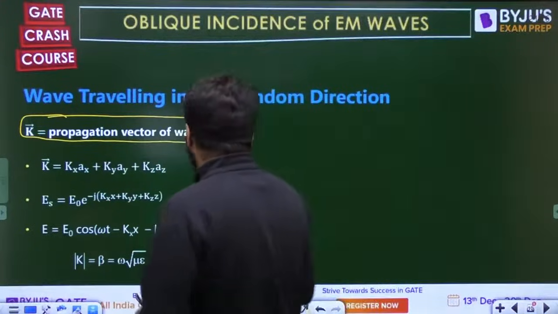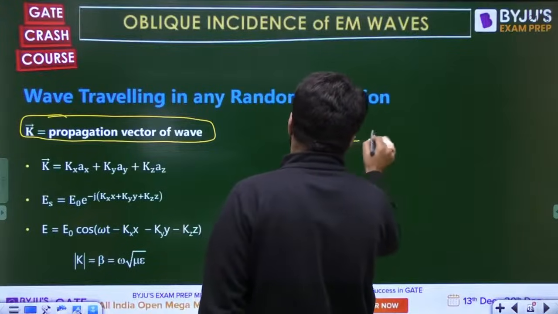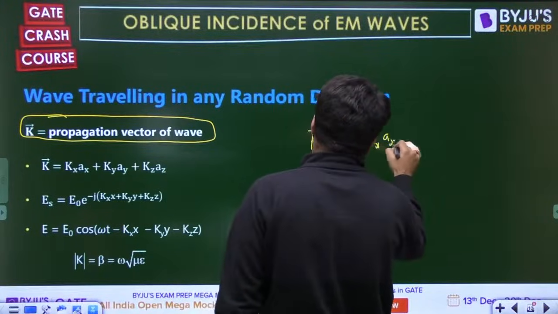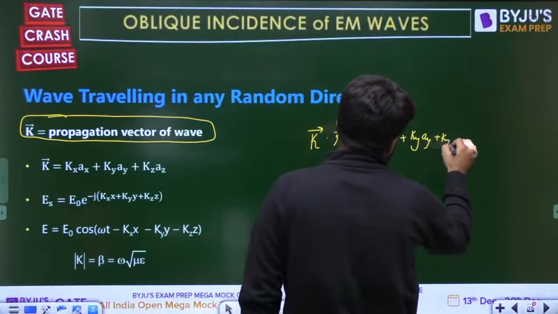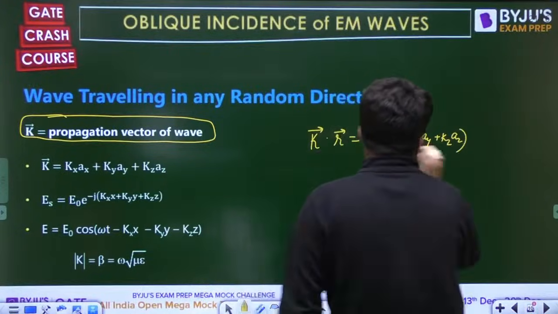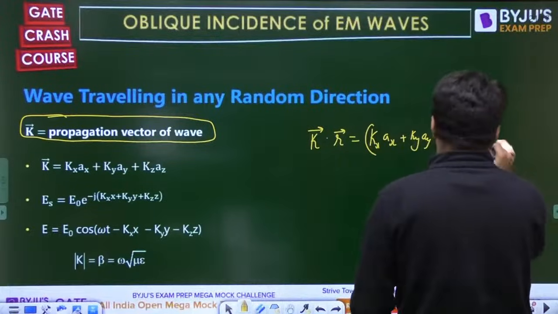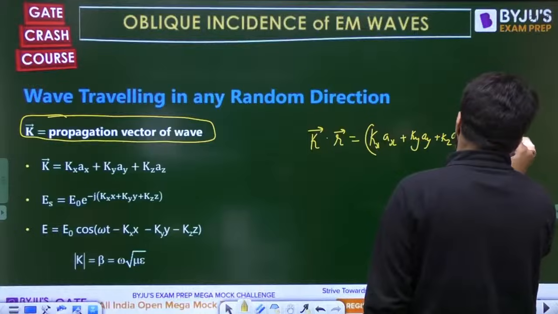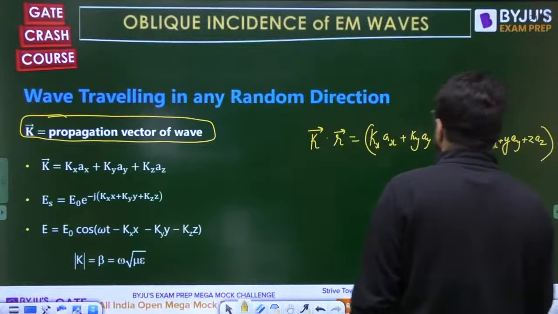Now, when you take the k dot r, it is a very simple calculation. k is kx ax plus ky ay plus kz az, dot product with r, which is x ax plus y ay plus z az.